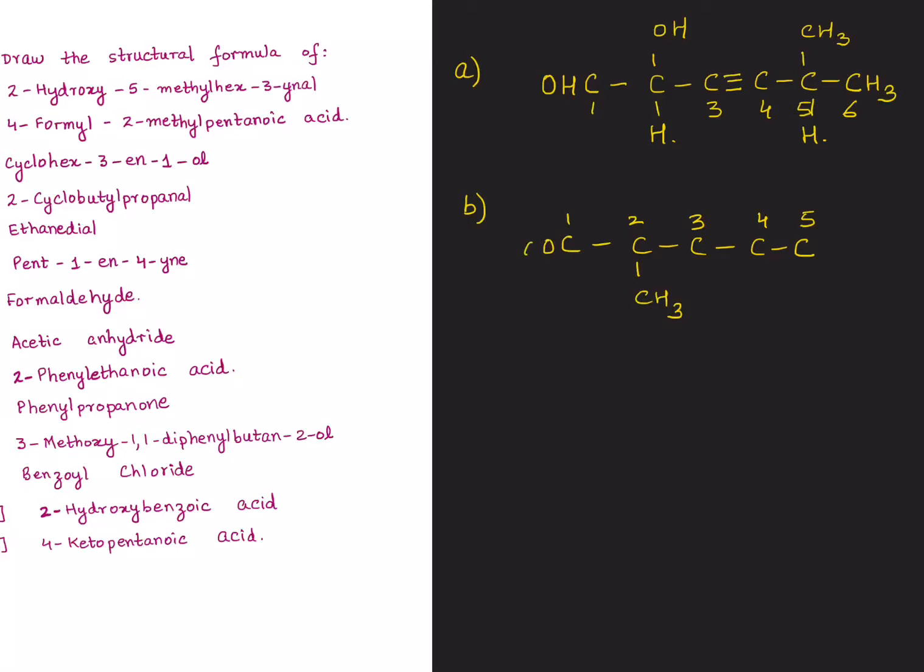That means at the first position, I have a COOH group, and 4-formyl, so CHO. In other words, our terminal carbon is an aldehydic group, right? Do we name it as formyl? Yes, of course. So we will have it as the CHO group.